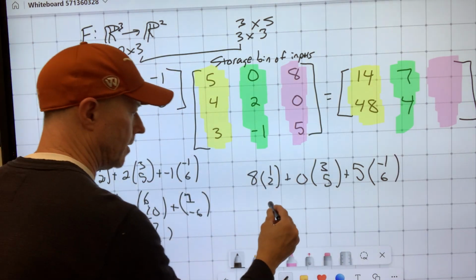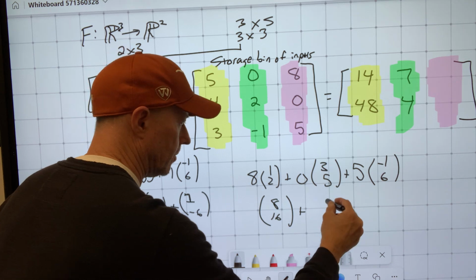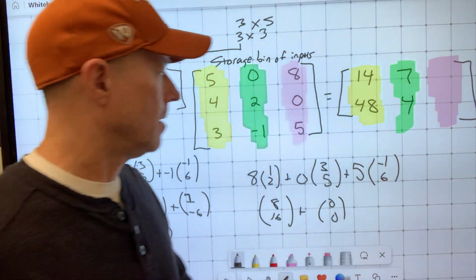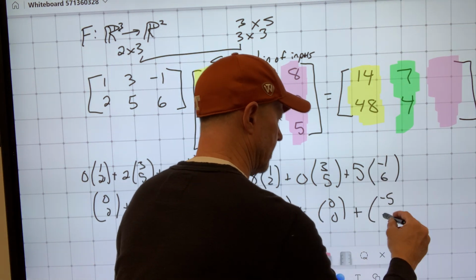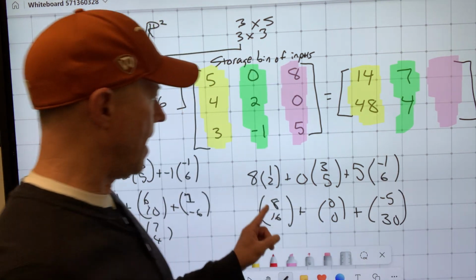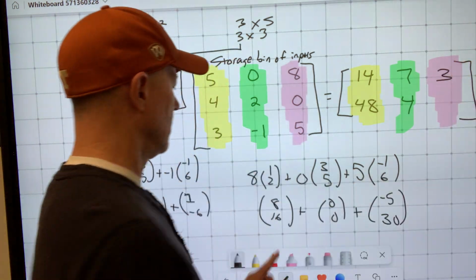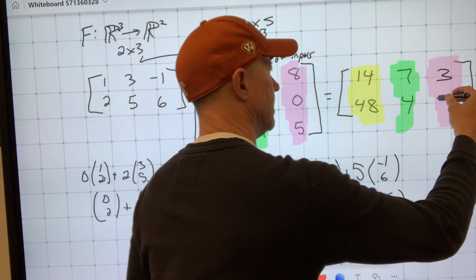When you octuple 1 and 2, you get 8 and 16. 0 is going to make both of those 0. When you multiply by 0, you get 0. 5 times a -1 is a -5. 5 times 6 is 30. Adding across, I get 8, and a -5 is 3. 16 plus nothing is 16 plus 30 is 46.